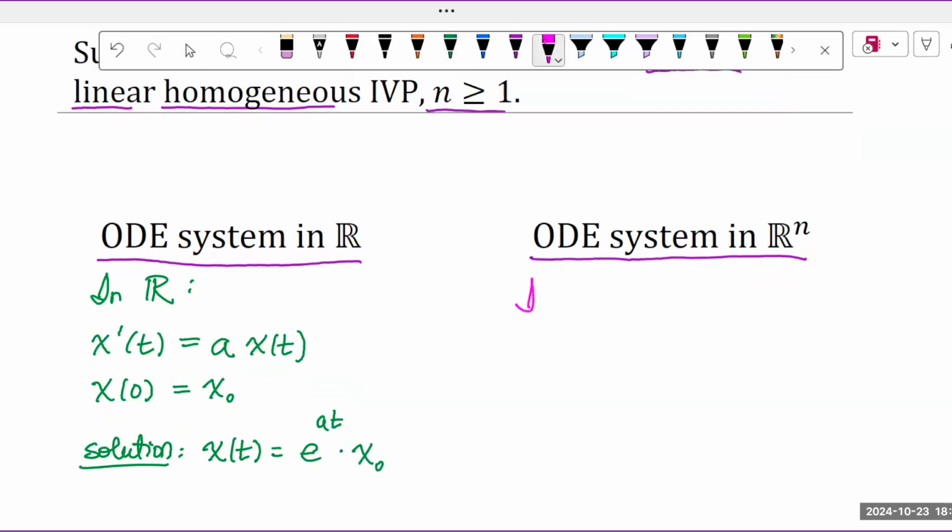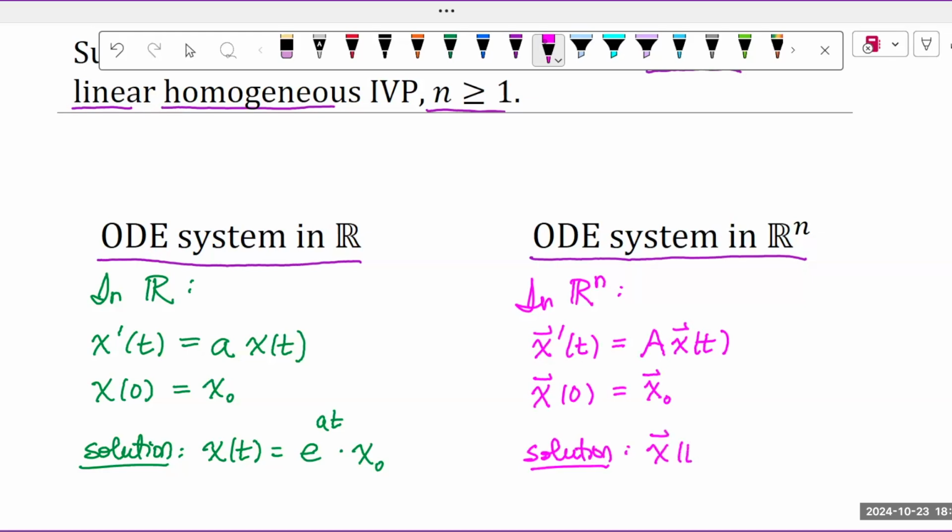When instead we're looking in higher dimensions in R^n, we are going to have a vector x take its first derivative, and that will be equal to a matrix of scalars times that vector x. The initial state is given by the vector at time 0, which will be a vector of scalars. The solution in this case is the vector e to the At, the matrix exponential, times our initial state vector.